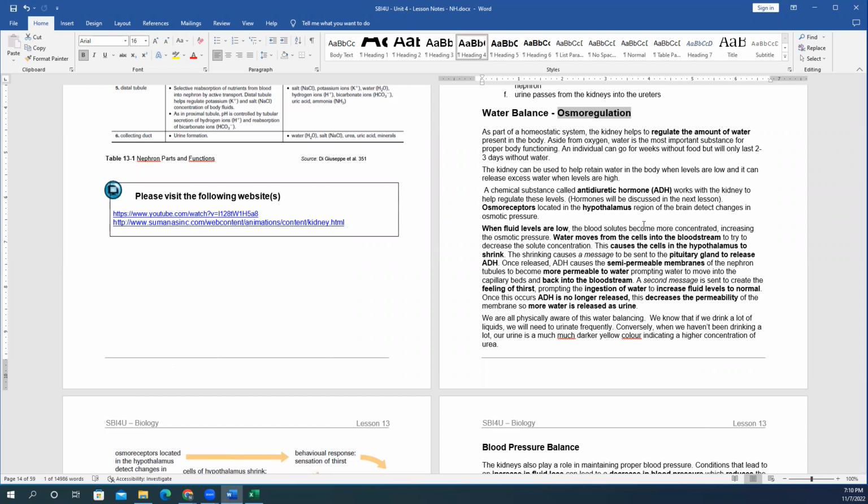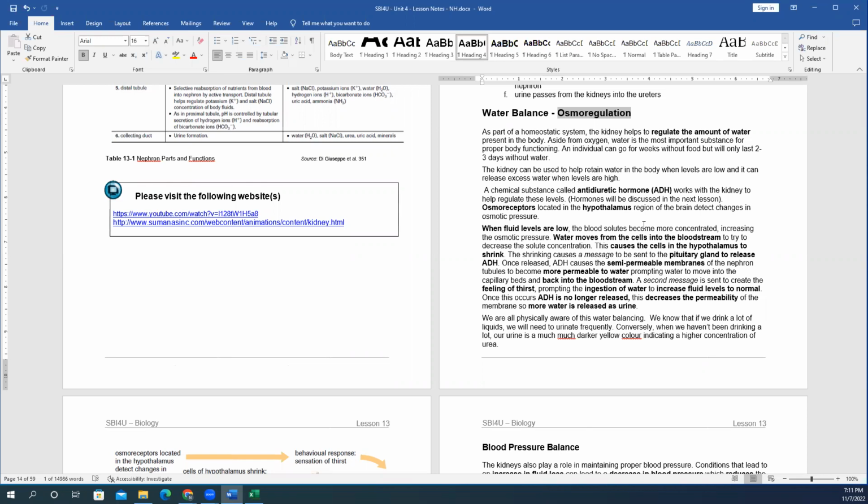If you have fluid levels that are too low, for example, you might be dehydrated, then the solutes in the blood will tend to become more concentrated because you have reduced the volume of the blood. So the solutes appear more concentrated, and this causes an increase in the osmotic pressure detected by the osmoreceptors.